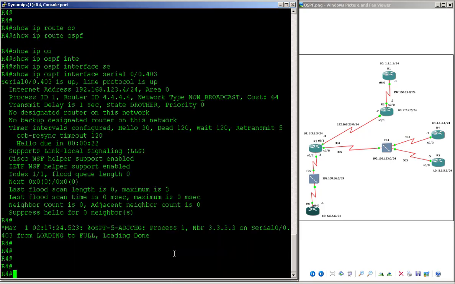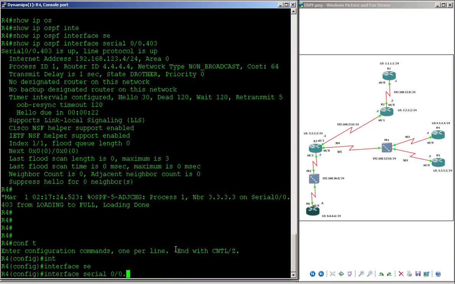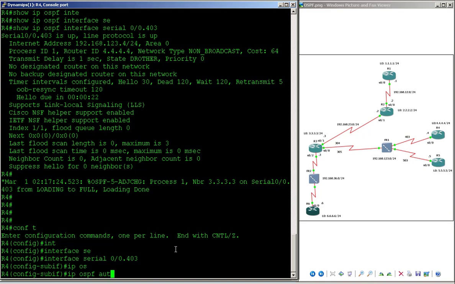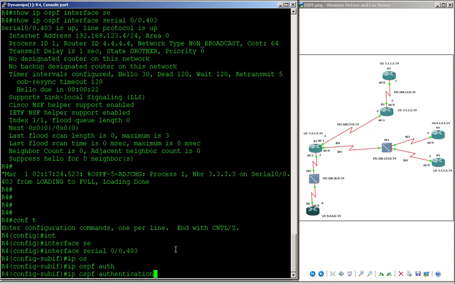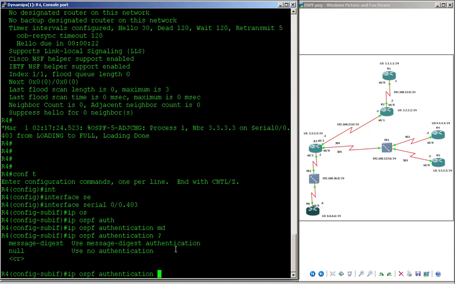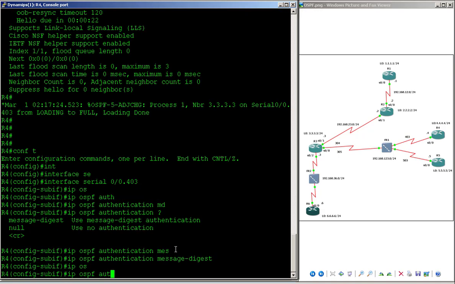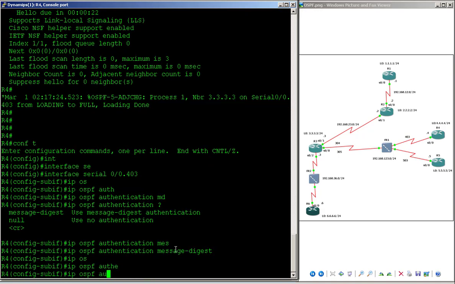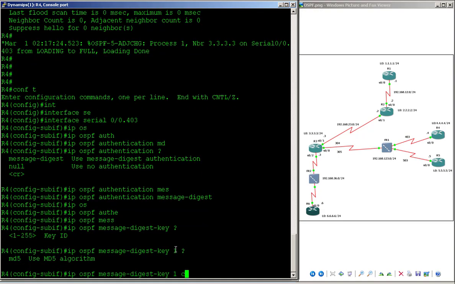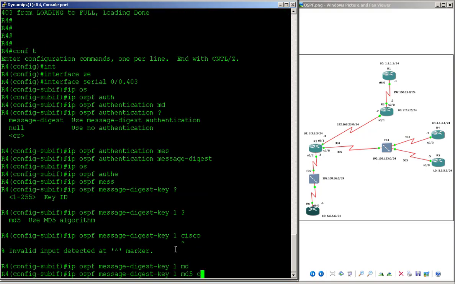That's router 3. I go to router 4, interface 0/0.403, ip ospf authentication message-digest, ip ospf message-digest-key 1 md5 cisco.